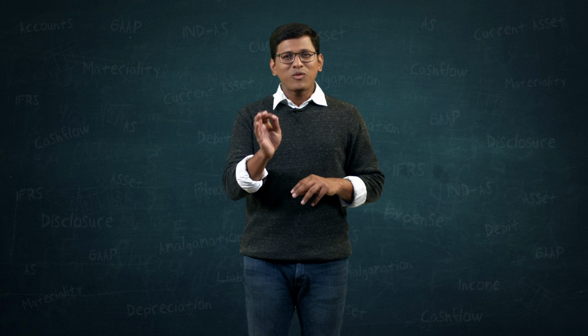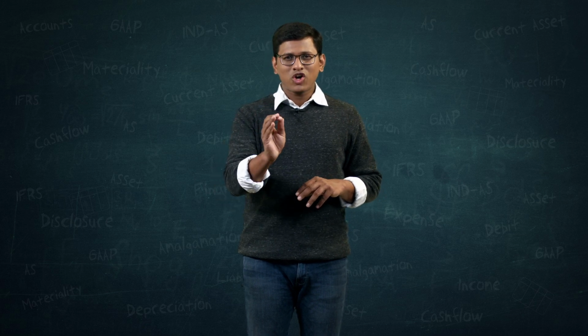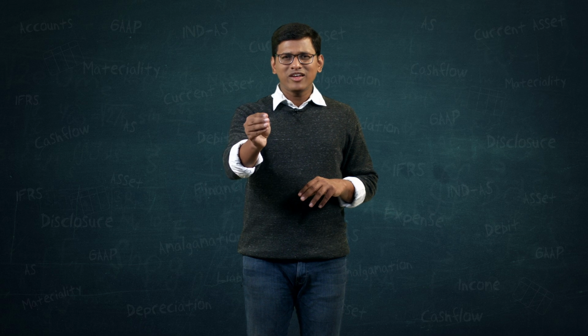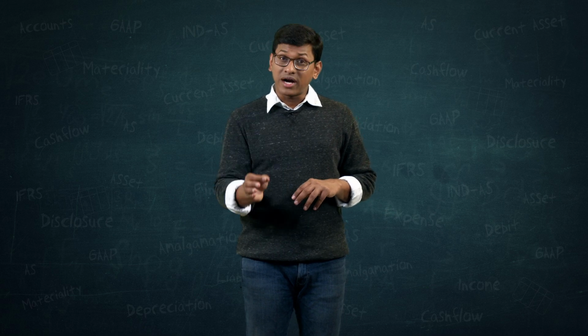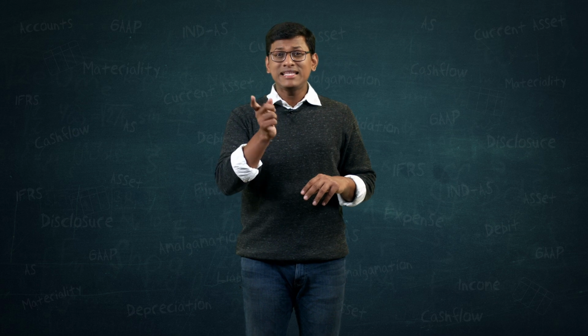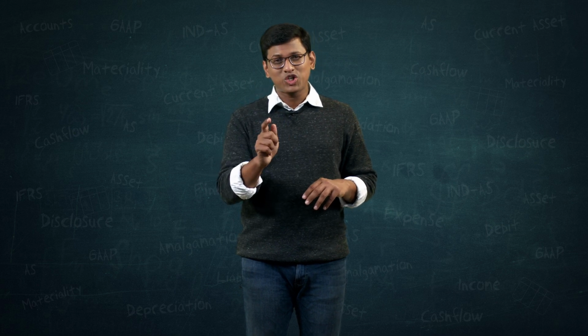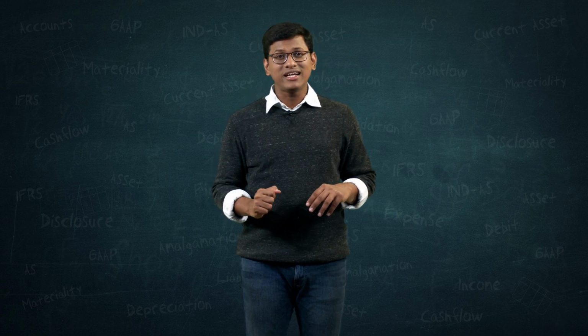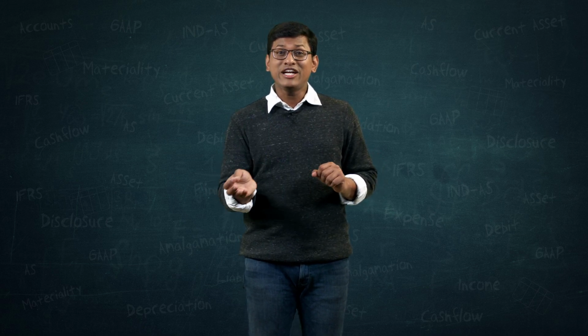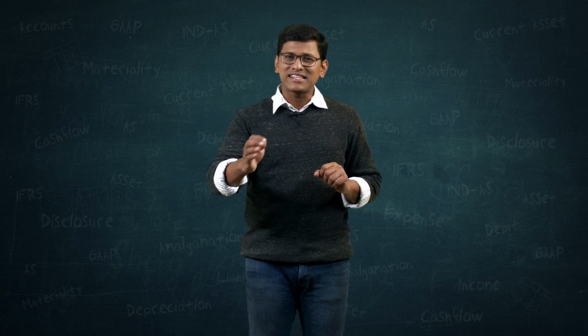Friends, normally what did we understand? Borrowing cost, something like interest cost, etc. generally will be charged off to P&L. But if such borrowing cost is incurred in relation to a qualifying asset, what is the standard saying? It should not be charged off to P&L, it should be debited to the asset account.